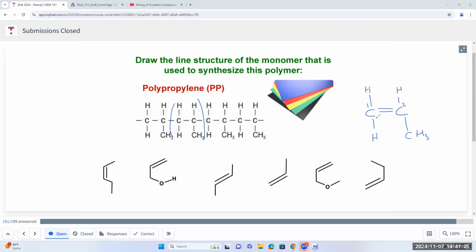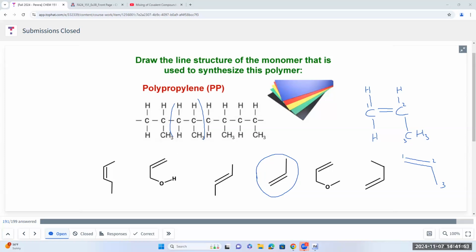In the line structure, carbon atoms are implied, and so are the hydrogens bonded to carbon atoms. So here's my carbon 1, carbon 2, and on carbon 2 I have the CH3 group bonded, let me call it carbon 3. Between 1 and 2, I have a double bond. That looks more like this option over here, so that should be my answer.